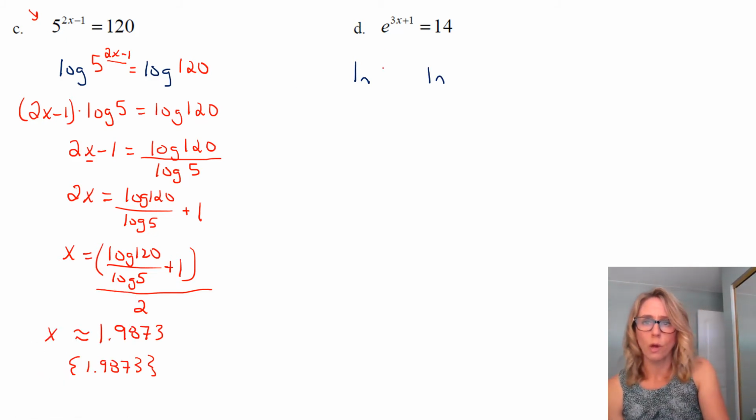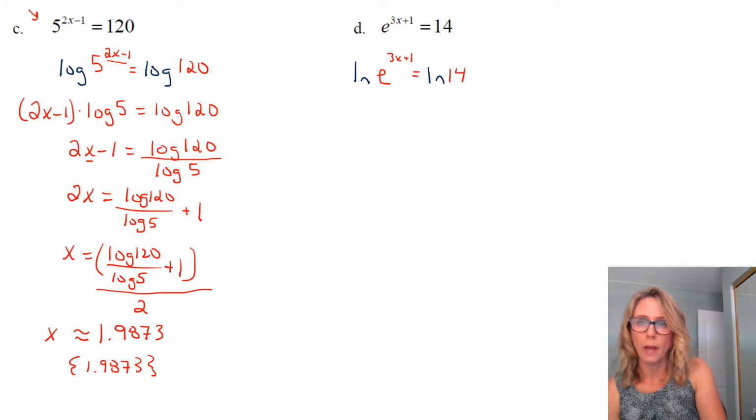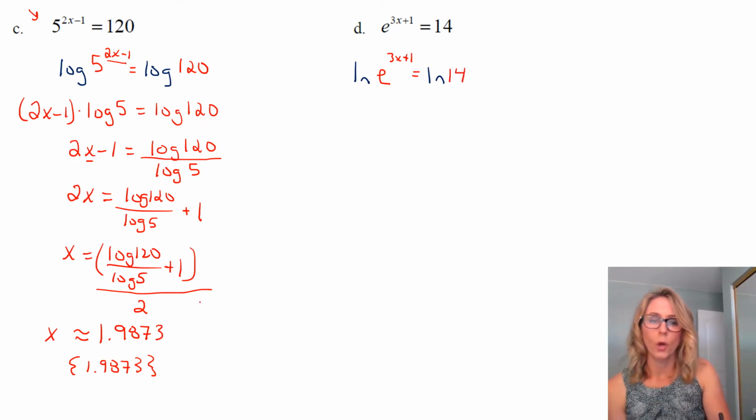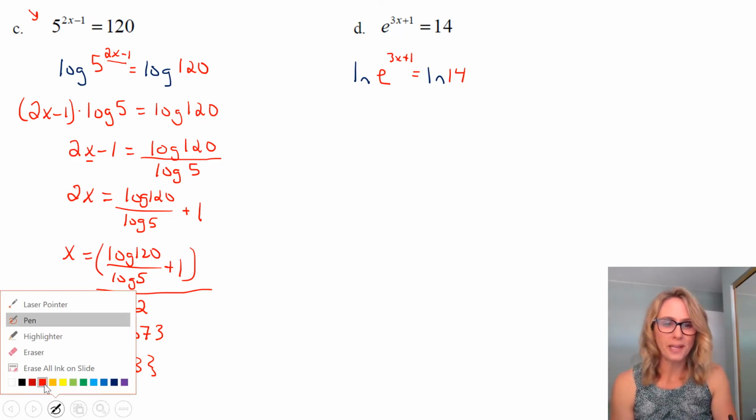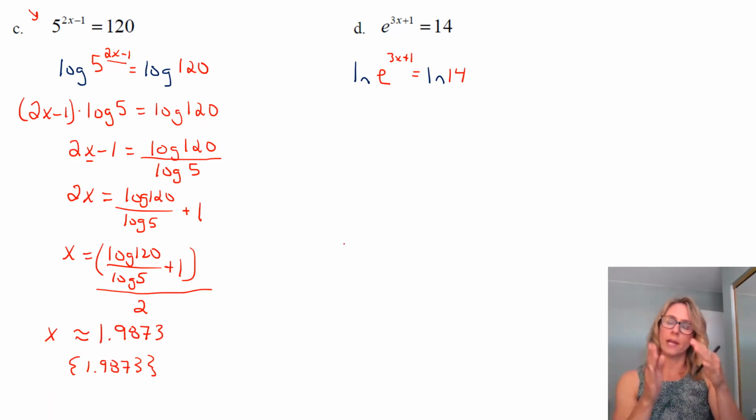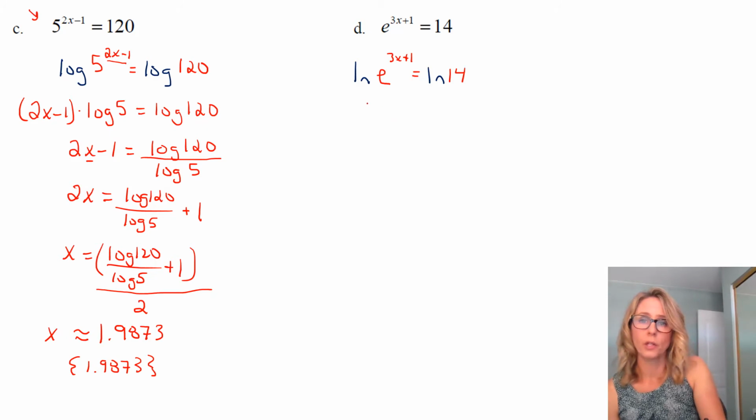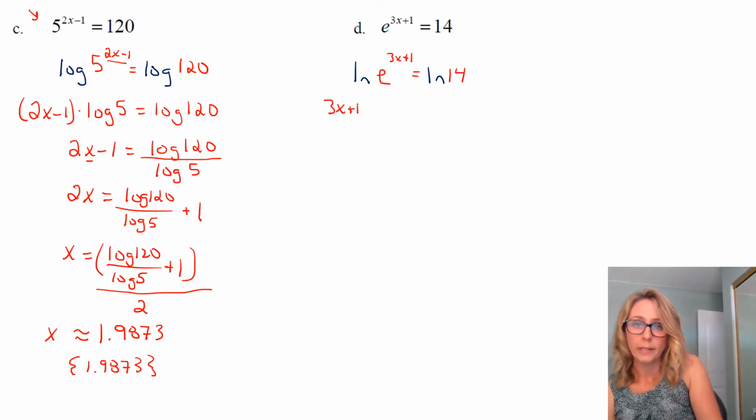When we use the natural log to free our exponent, you want to remember our properties, which say, if I have the natural log, which is log base e, of e to the 3x plus 1, that simplifies to just, I can do this in 2 steps if you want, it's the power rule, 3x plus 1 times ln of e.